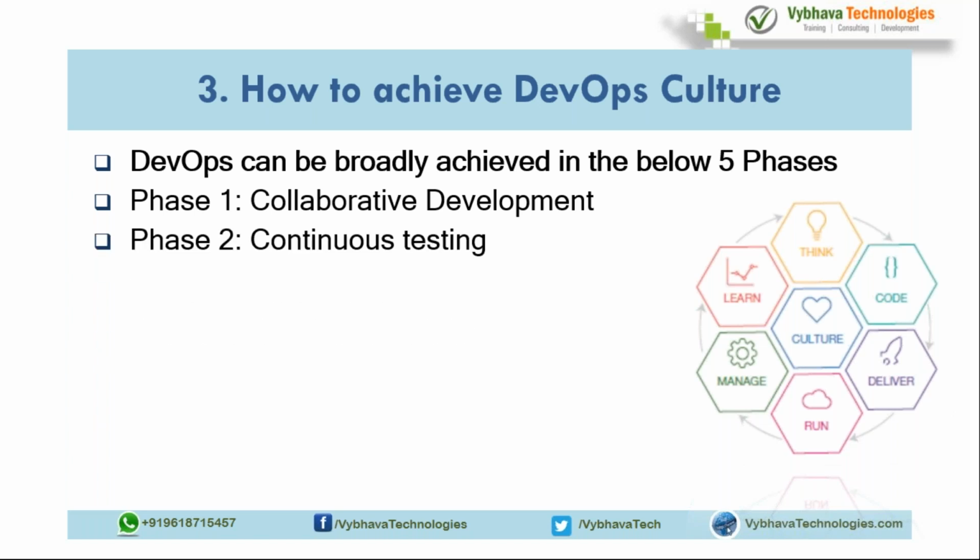So DevOps can be broadly achieved in the below 5 different phases. You work without fighting with each other, whether development, operations, or administrators are separate. Everyone contributes to the project, and they collaboratively develop the entire project as a DevOps team.